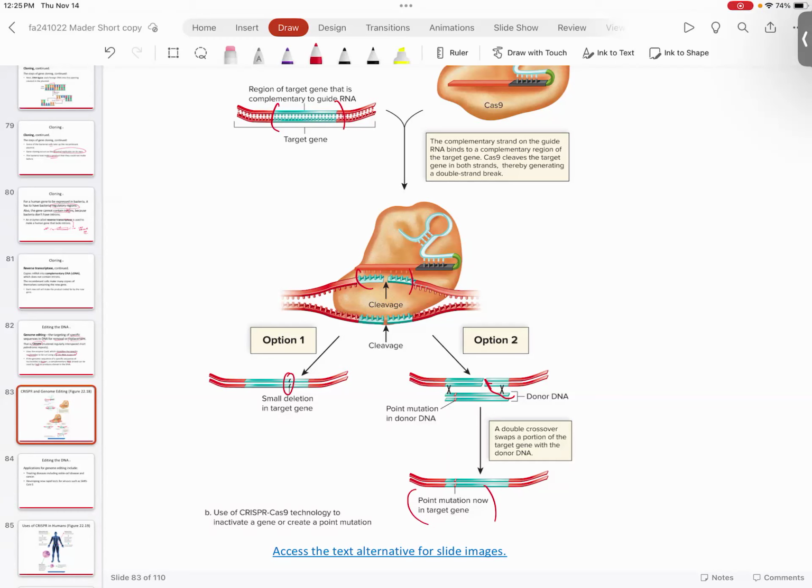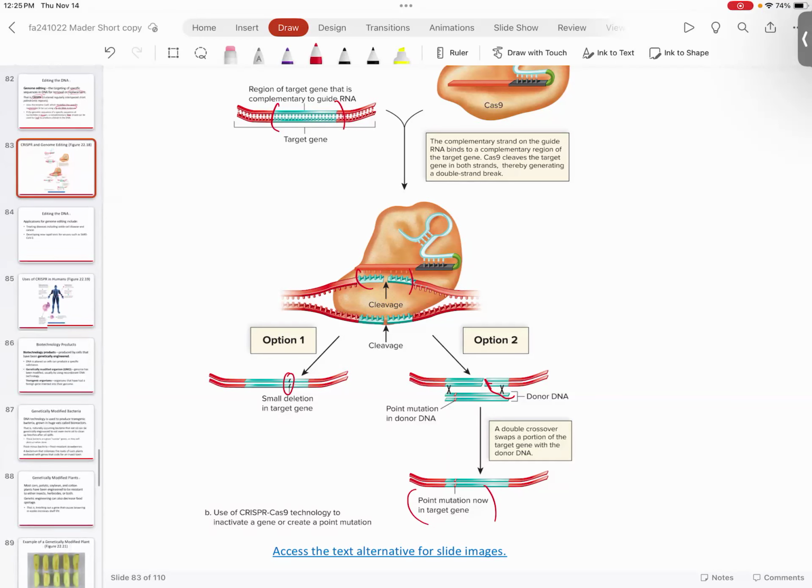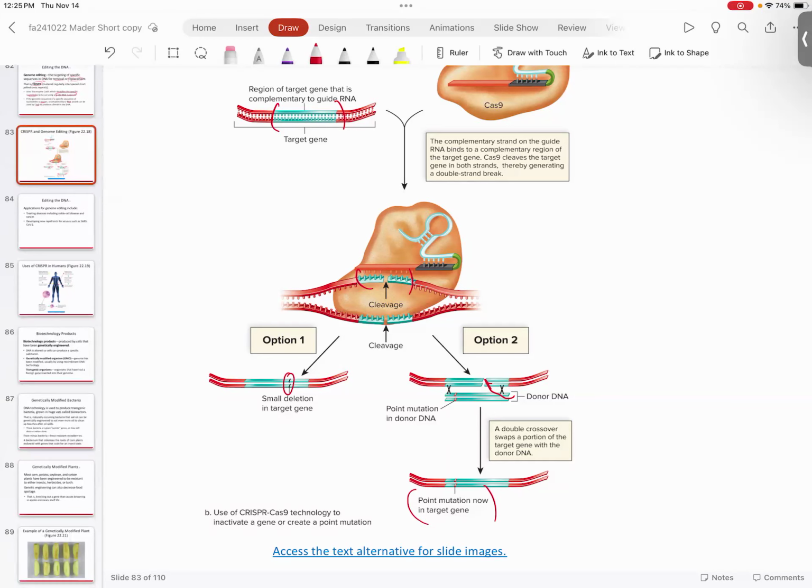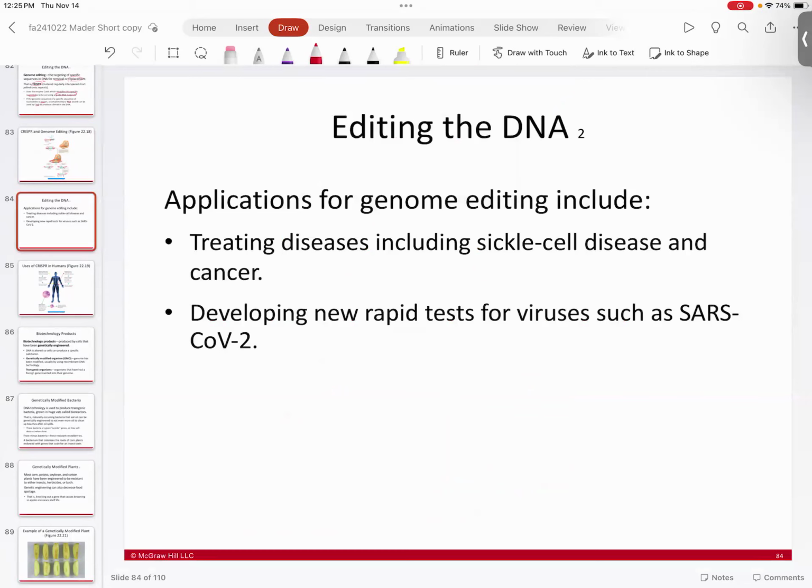The reason why we're excited about CRISPR is it has the capacity to actually go in and fix genetic disorders, which is something we've never been able to do before. For instance, we can fix genetic disorders like sickle cell and cancer. We can get in there and fix these things. It can also allow us to develop tests for things like COVID, right, which is SARS-CoV-2.